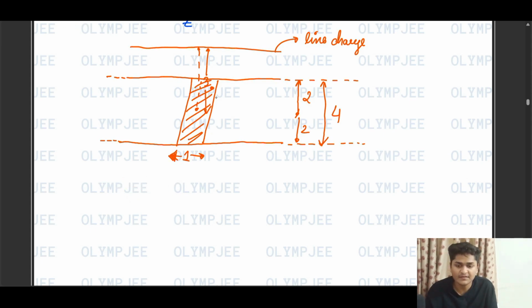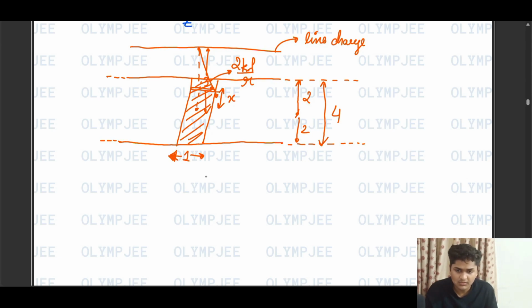So we need to find the flux through this strip. Let us consider an elemental strip here. So the field here would be given by 2k lambda by r.